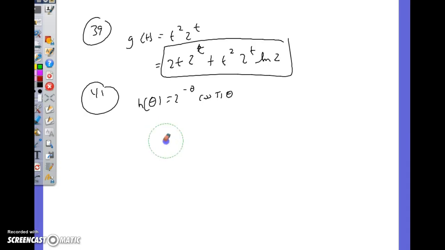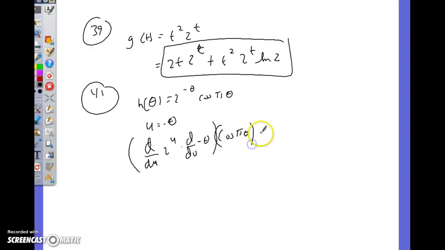Okay, so then I would go u equals negative theta. So then I would go derivative with respect to u of 2 to the u times derivative with respect to theta of negative theta, all that times the unchanged cosine pi theta, plus 2 to the negative theta.